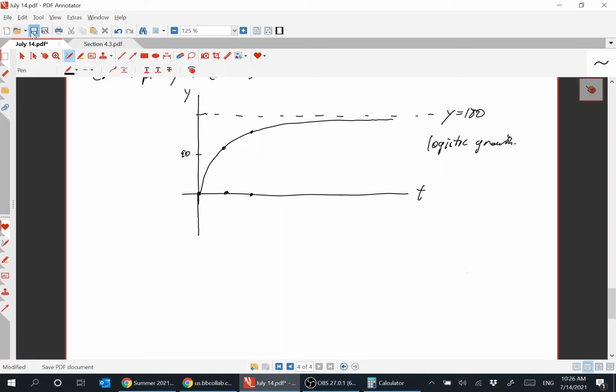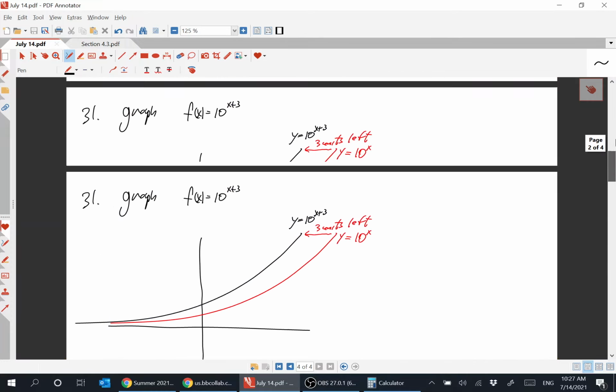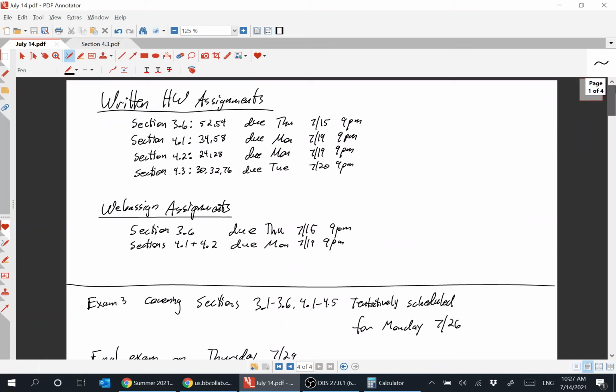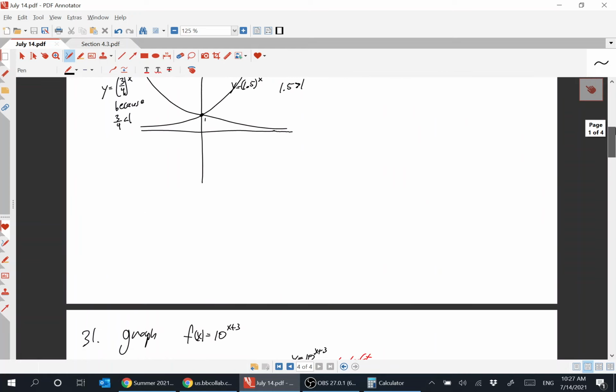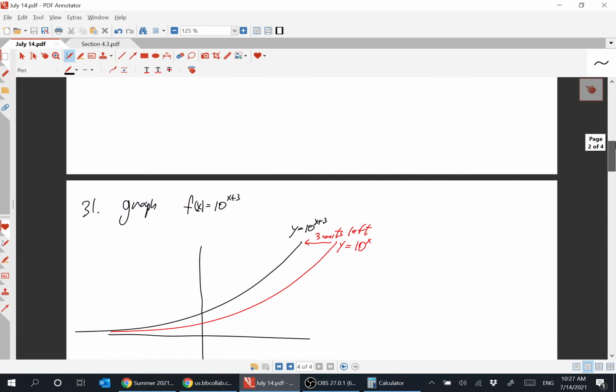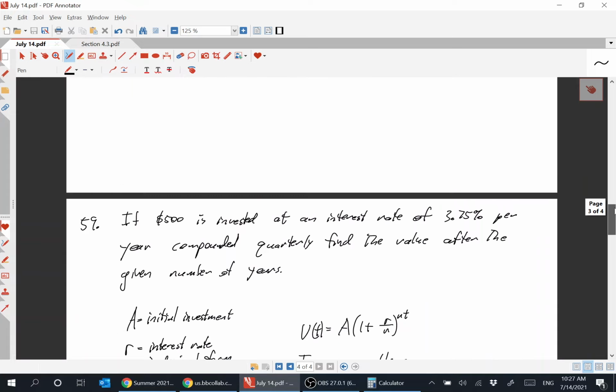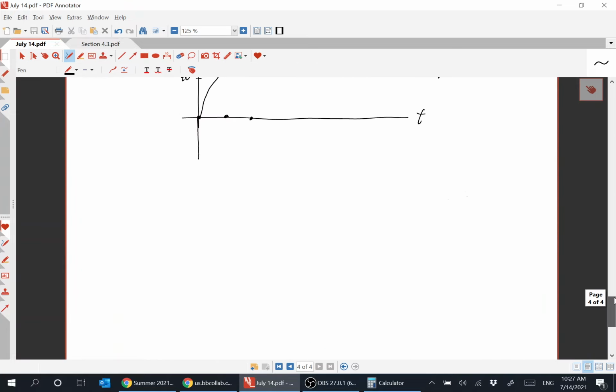All right. And then 26. Was it 26 I assigned? 28. Oh, 26 we went over yesterday. 28. Okay, so 28 is one of these population models.